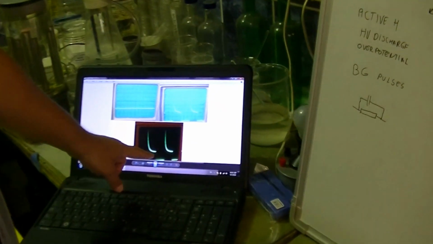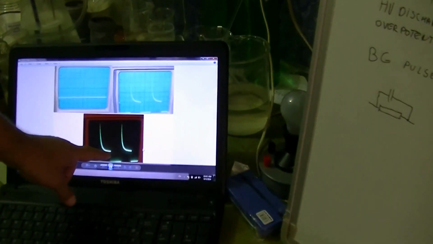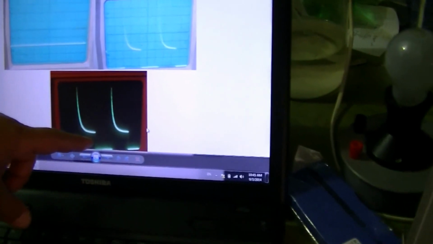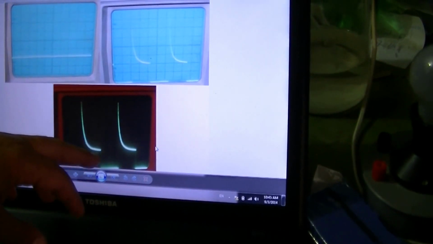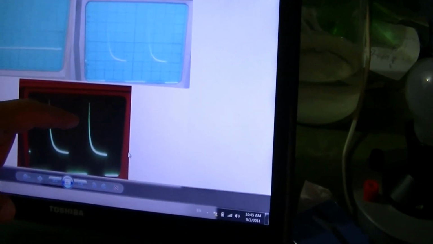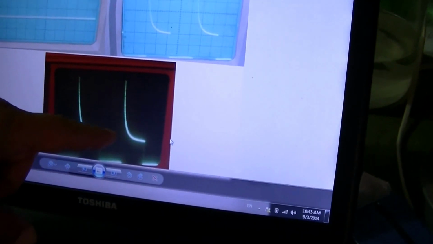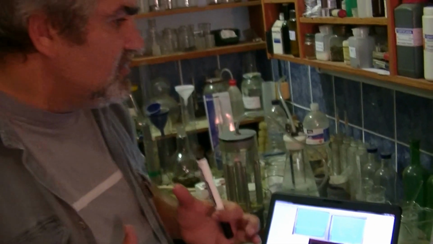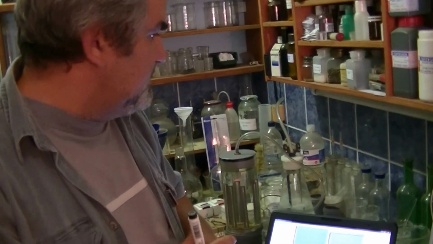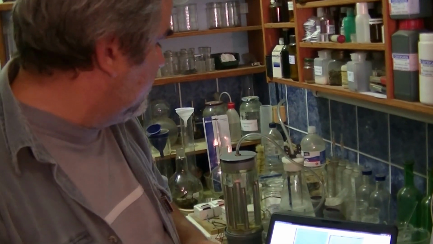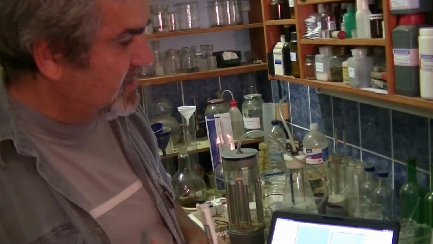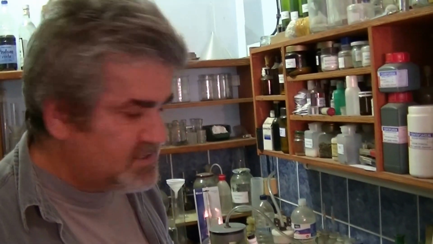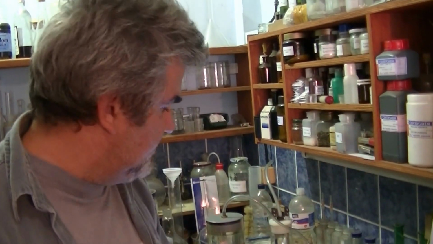The hydrogen which was produced here is, let's say, ordinary hydrogen, but this amount of hydrogen which will be produced by this will be more active. I think the better explanation is to say that brown gas is a mixture of different activities.